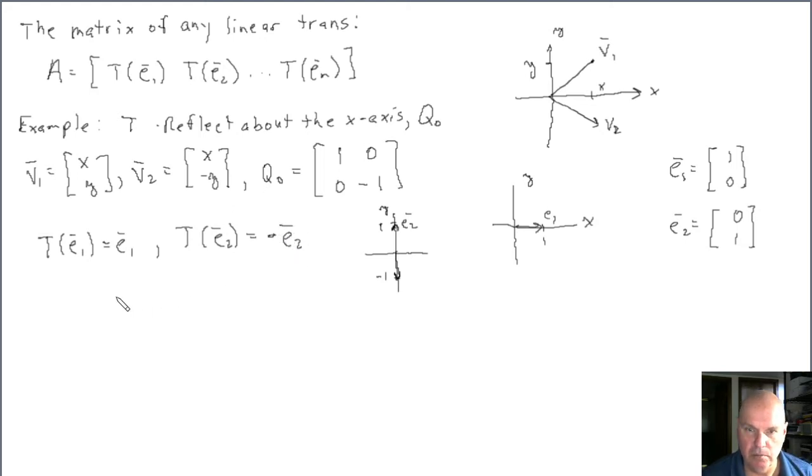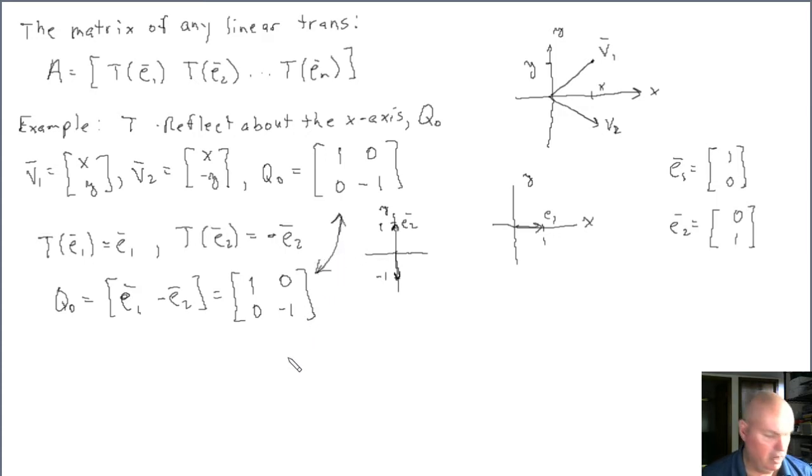So what this theorem says is that the other way to get this transformation matrix is it's just E1 and minus E2, or in other words, it's 1, 0 and 0, minus 1, which is the same matrix we got using that inspection approach before.